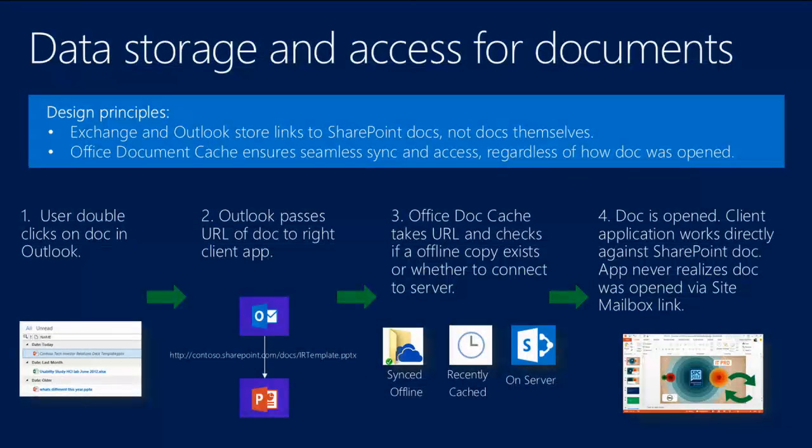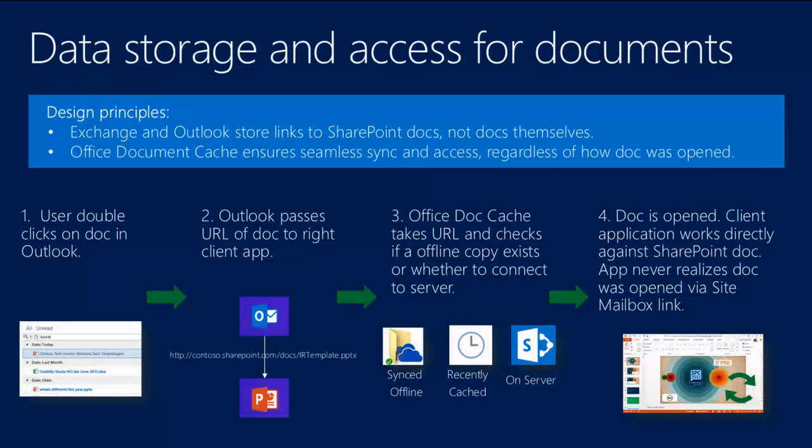We also talked about this one, but I wanted to re-emphasize it because it's super important and I get that question very, very often. Exchange does not store the document. Outlook does not store the document. All that Exchange and Outlook store after the publishing process is a reference, a shortcut, a link to the document, and metadata. So if a user double-clicks on a document in Outlook, all Outlook does is pass the URL to the respective Office application, and then the Office application will look either for a local version in the document cache or go to the SharePoint server and open the document from there.